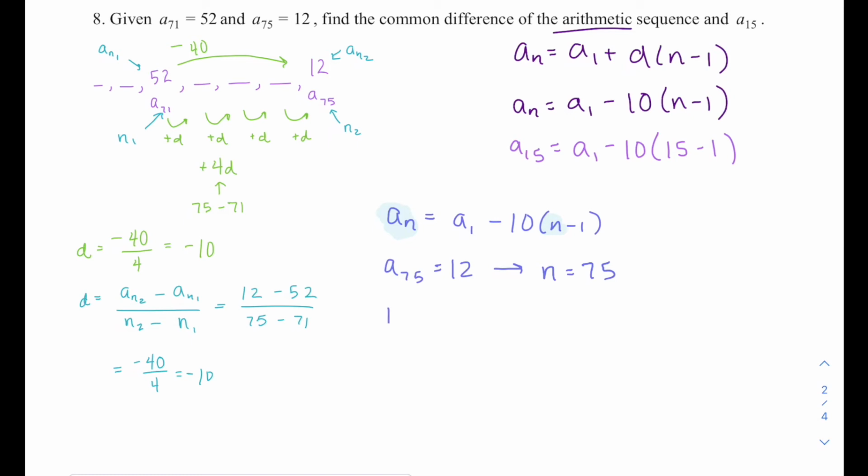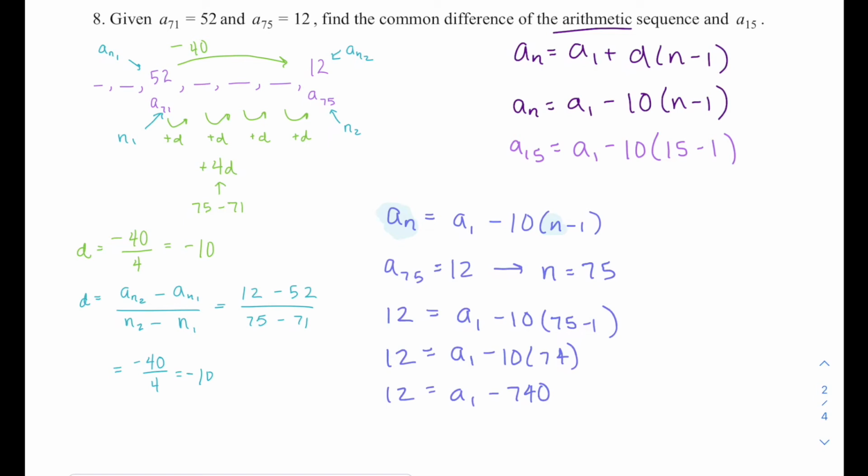I'll put 12, because that's what A75 is, equals a1 minus 10 times 75 minus 1. That's 12 equals a1 minus 10 times 74. 10 times 74 is 740, so now I have 12 equals a1 minus 740.